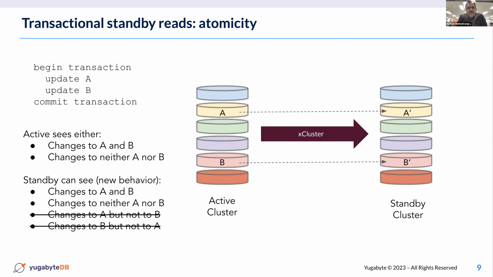One way to describe the old behavior was that atomicity guarantees were single shard. Whereas with the new behavior, you get truly multi-shard atomicity guarantees, so the changes to A prime and B prime are published atomically. Any reader can see either the before image or the after image, but not a jagged cut of the rows.